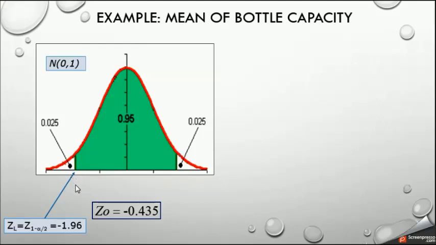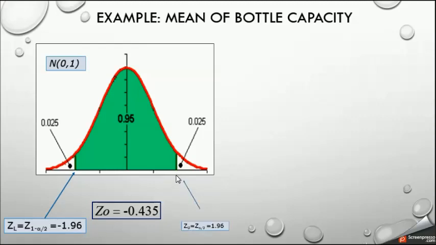From the standard normal distribution table, we will find this value. This is called the lower limit, or Z1 minus alpha over 2. Alpha is 0.05 and alpha over 2 will be 2.5%. So this value from the tables will be minus 1.96.